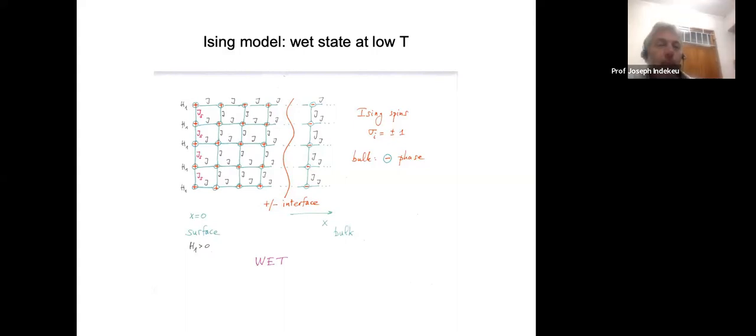So these are the two possibilities, the non-wet and the wet possibility. The calculation will tell us where the transition is, which value of the surface field will make it, as a function of temperature also, if we extend the calculation to non-zero temperature.